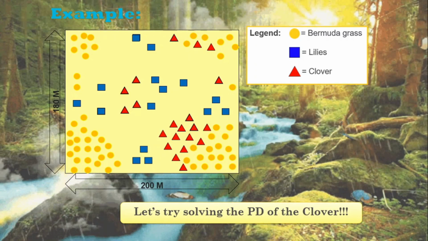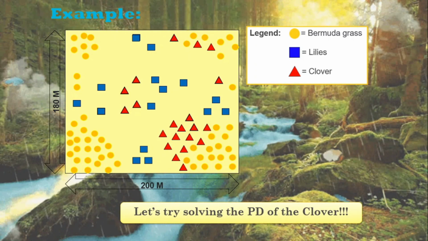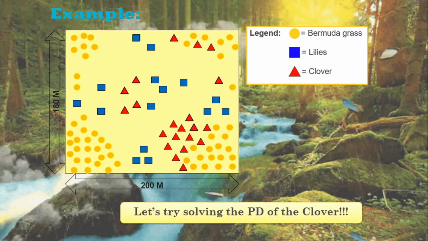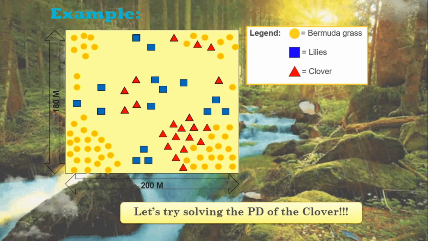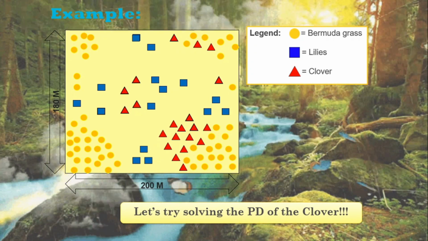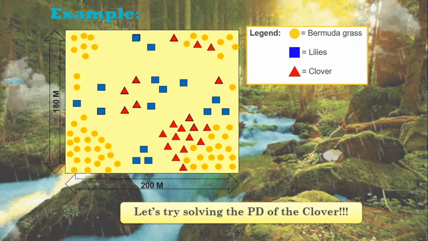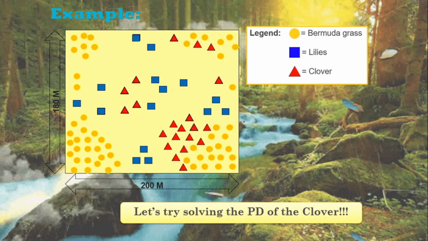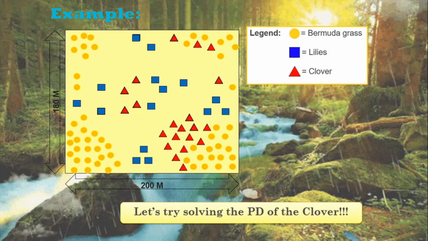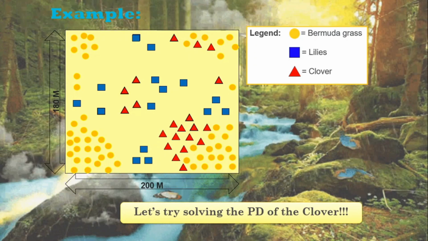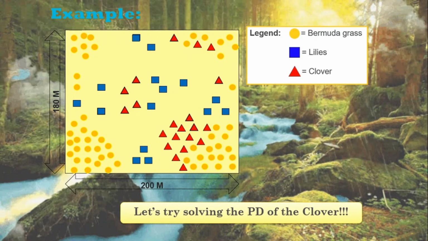So you'll notice that there are 3 different shapes of different colors. In the legend, you will see the yellow circles represent Bermuda grass, the blue squares represent the lilies, and the red triangles represent the clover.